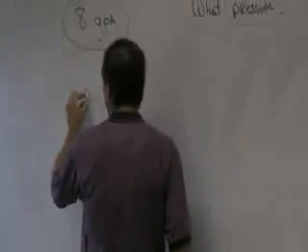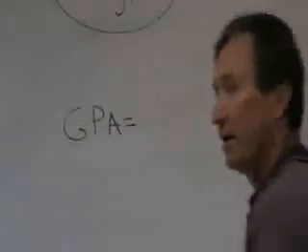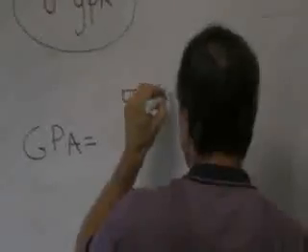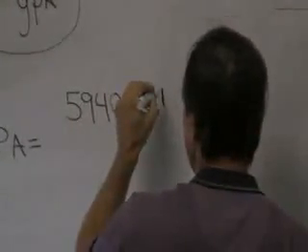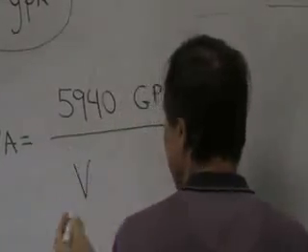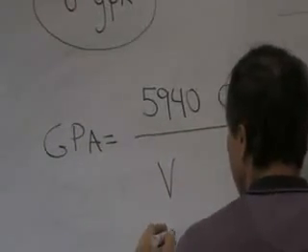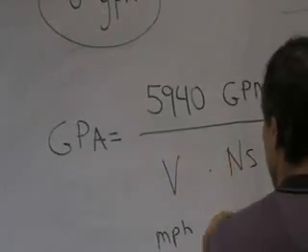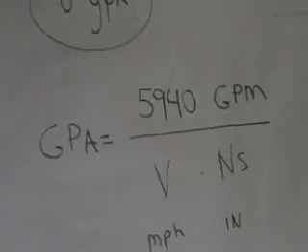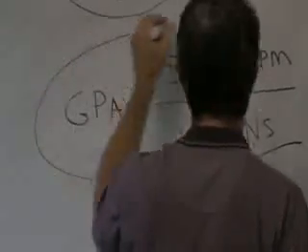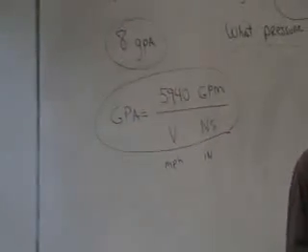Okay, we know that the gallon per acre is 5940 times my gallon per minute divided by my velocity in miles per hour times my nozzle spacing in inches. You should remember that equation.